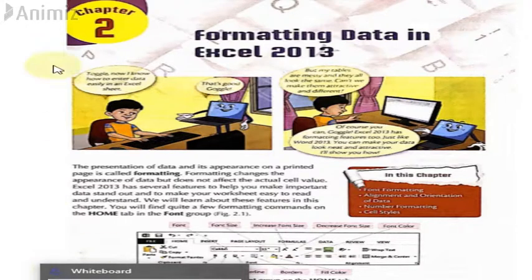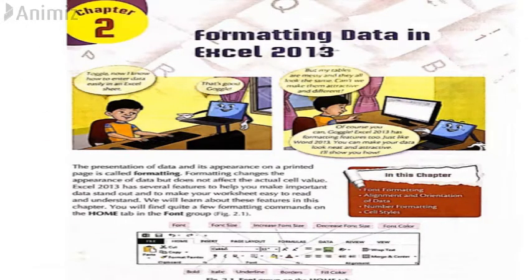So let me just show you Excel. If I open the program, let me just show you Microsoft Excel. There are different versions of it available. Microsoft has created different versions of it. When the first version of Microsoft Excel was created, it was 2000.